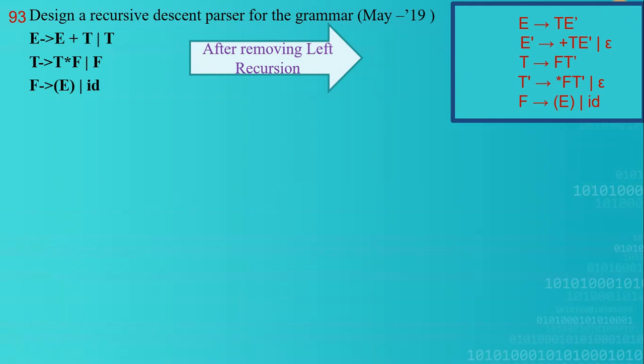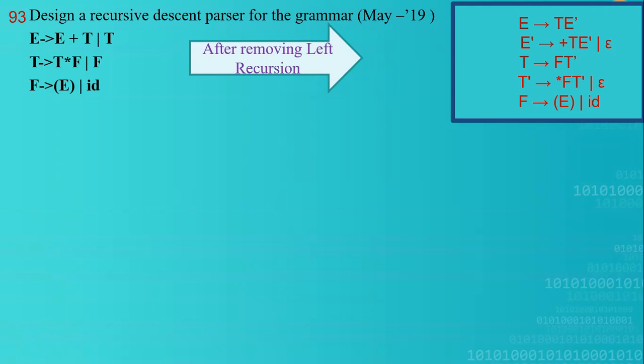Then again for T and T prime, then for F. So here E prime, T prime and F are the non-terminals in this particular grammar.